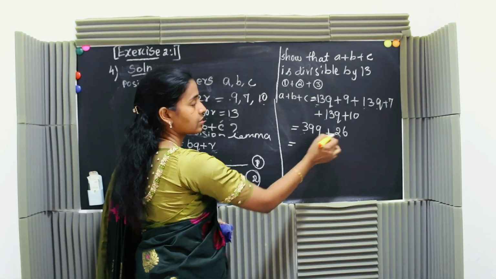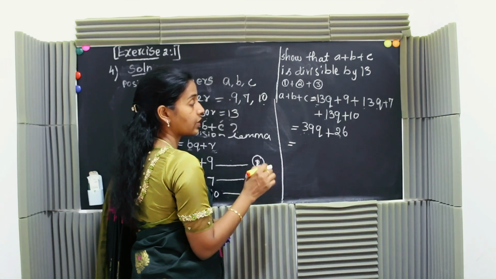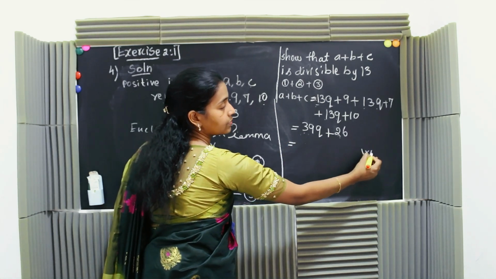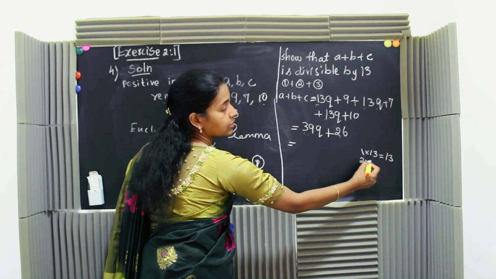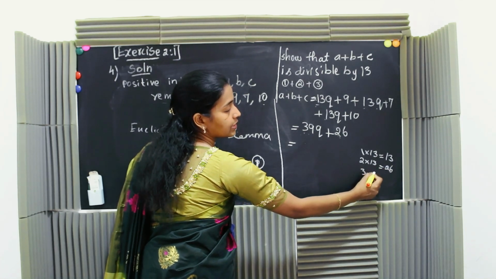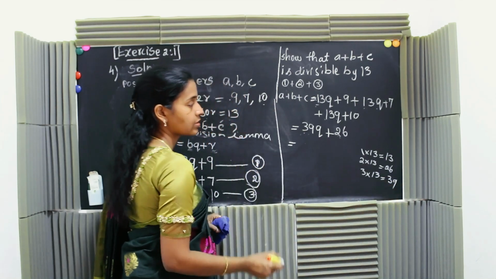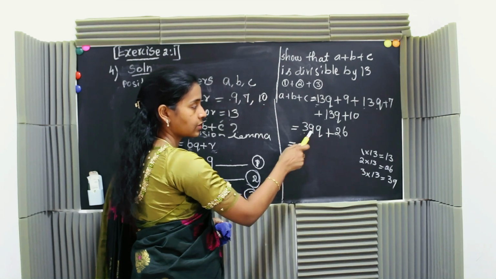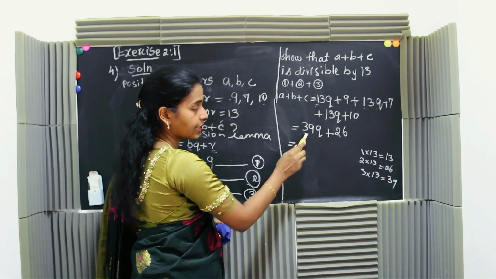In these two terms, what would be the common number? If you are taking 13, 1 into 13, 13, 2 into 13, 26, 3 into 13, 39. So here 13 is common in both terms, right? Here 39Q is there.